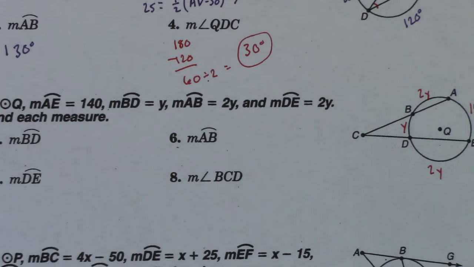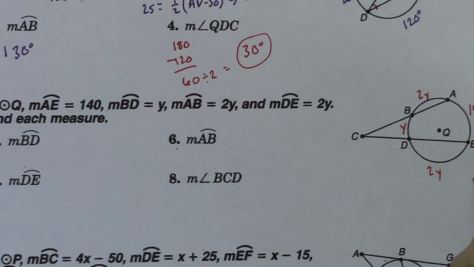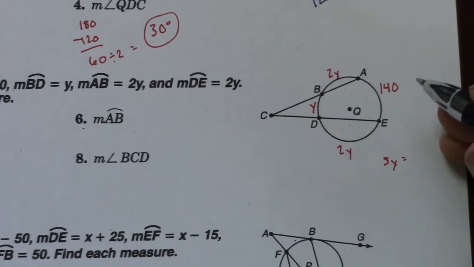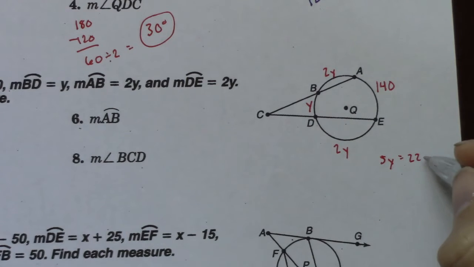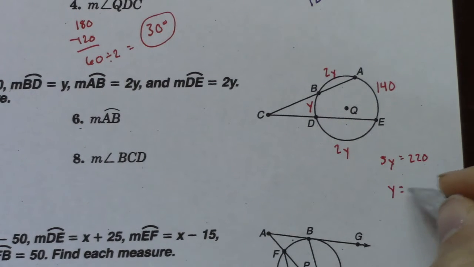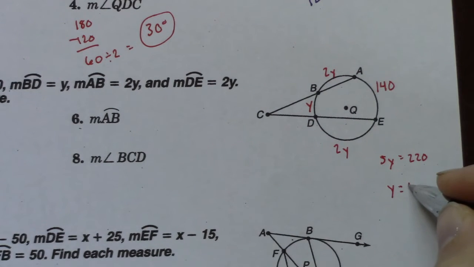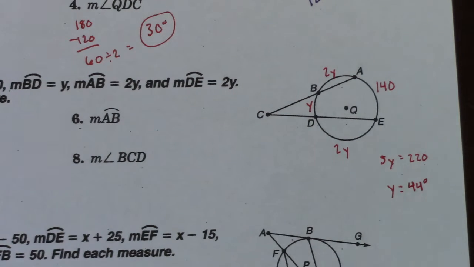My apologies. So I've got 5Y, and then 360 take away the 140 means I've got 220 left. So Y must be equal to 44 degrees.